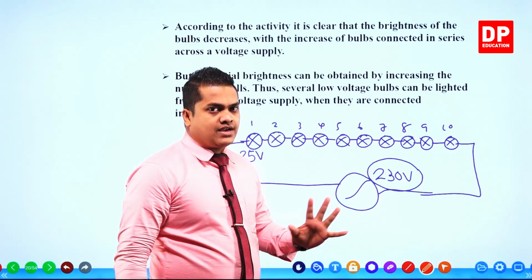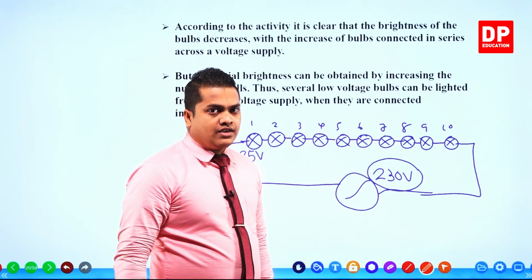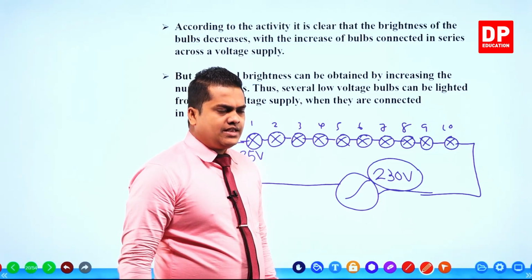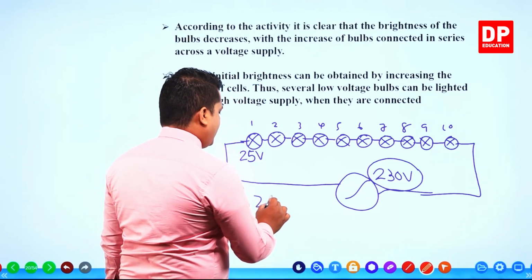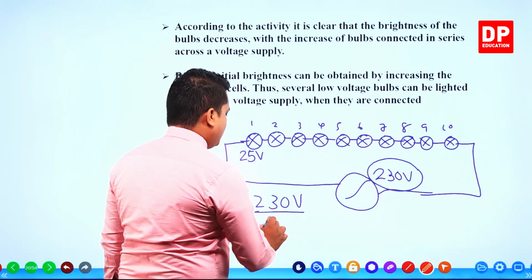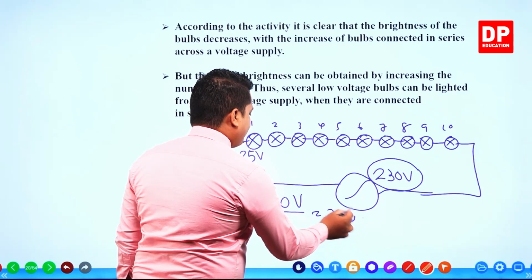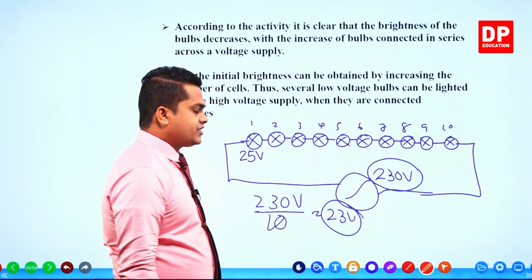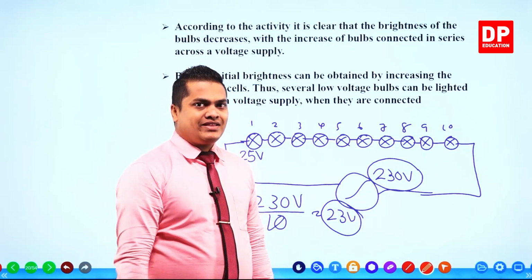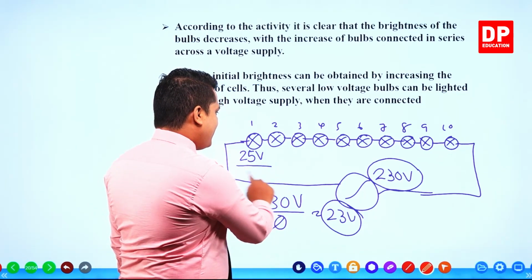However, in this case, I took all the bulbs equal in all aspects. So 230 volts is getting divided into 10 equal parts and the voltage across just one bulb is just 23, but it can bear 25.